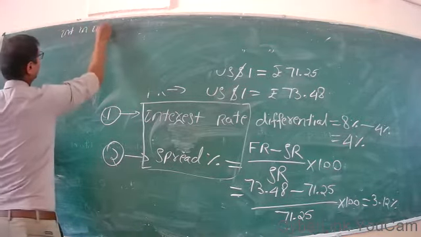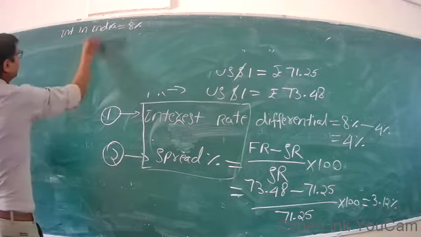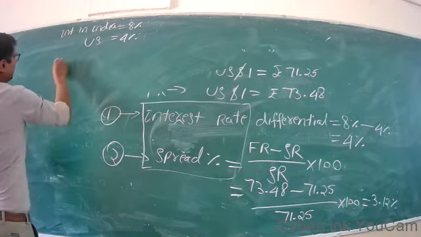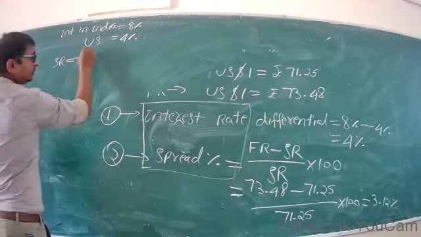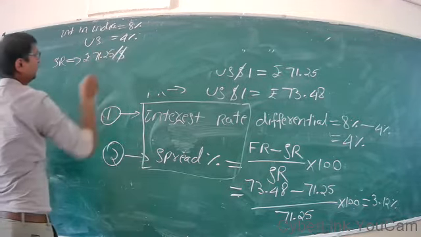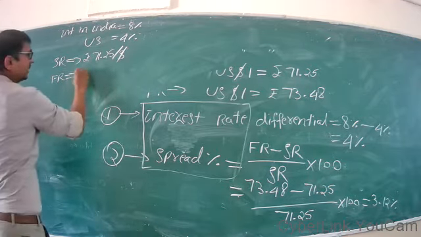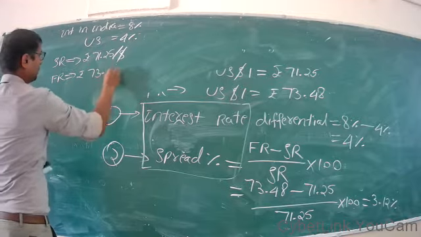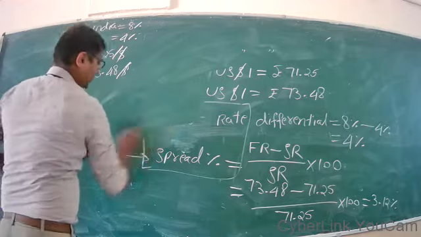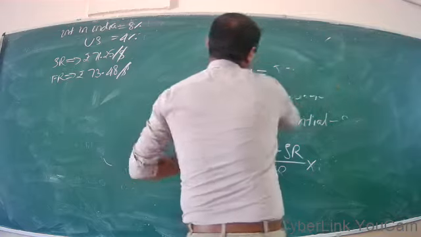Interest in India 8%, interest in US 4%, spot rate rupees 71.25 per US dollar. Likely forward rate after 1 year is rupees 73.48 per US dollar. With the help of these things, let us illustrate.